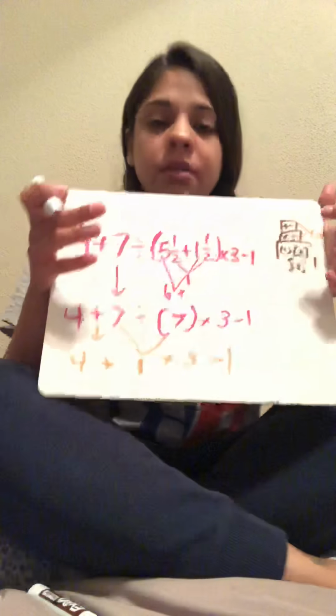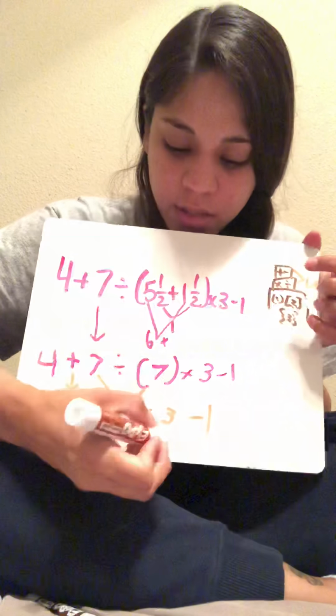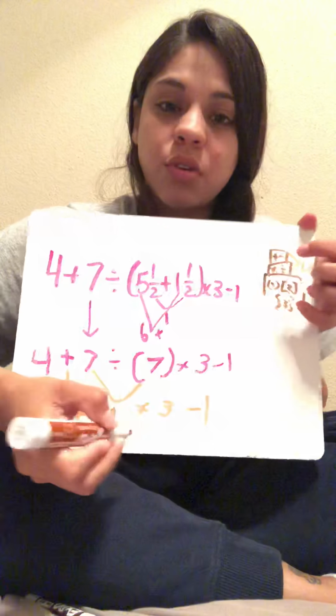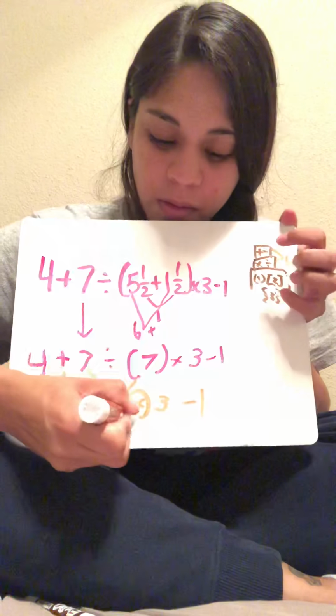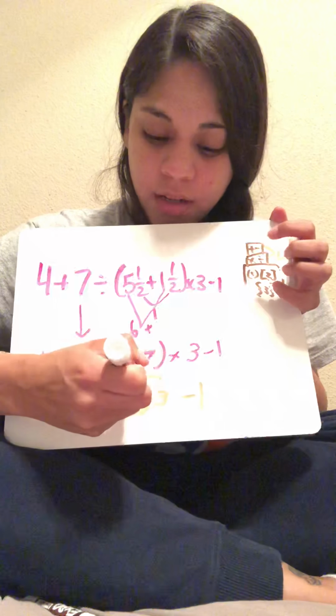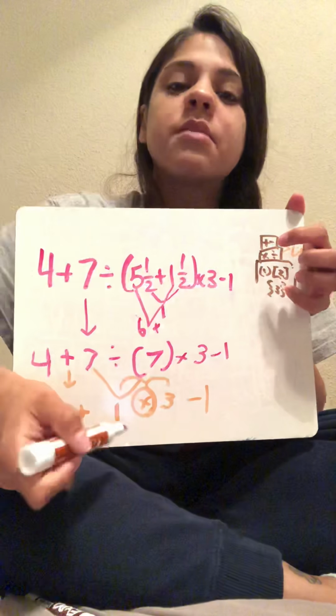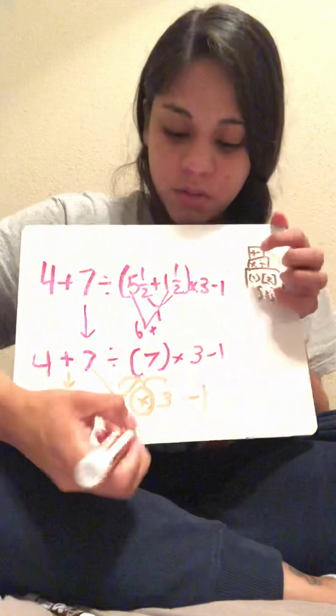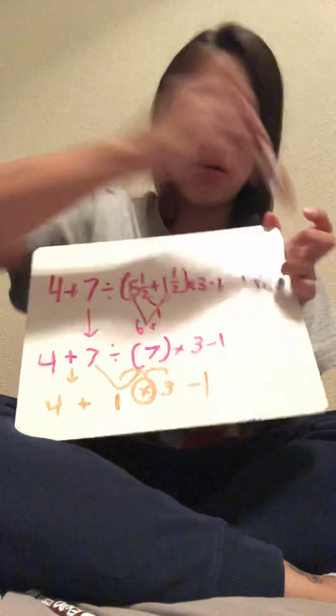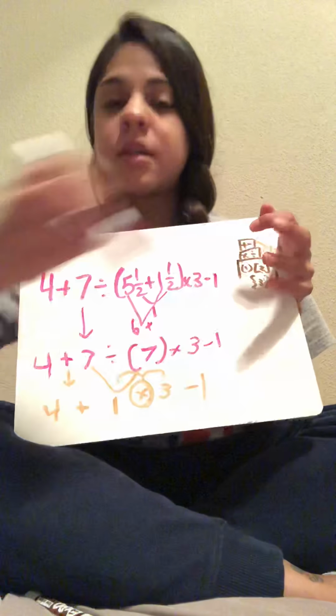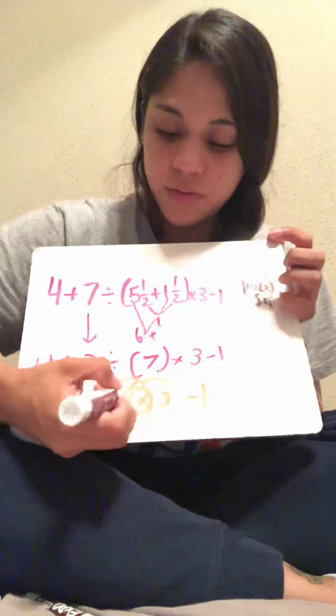So now I can do my multiplication. If you don't know what you're dividing or what you're multiplying, remember, I always tell you to draw in a bug. So you circle the operation, and you do the antenna to the front, and you do the antenna to the back. And that tells you what 2 numbers you have to work on. In this case, I'm going to multiply 1 times 3, which is 3. So 1 times 3 equals 3.